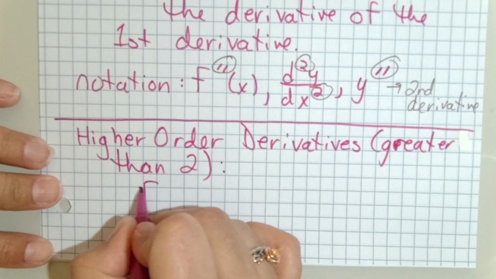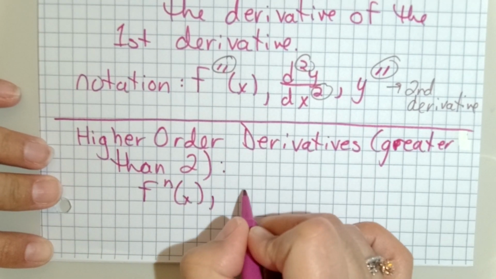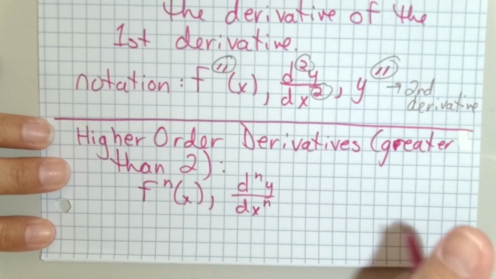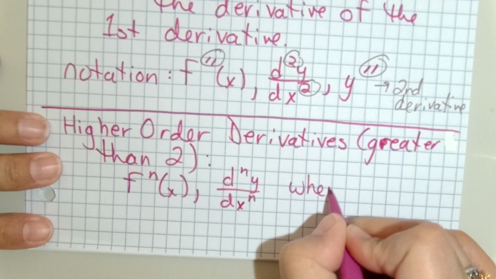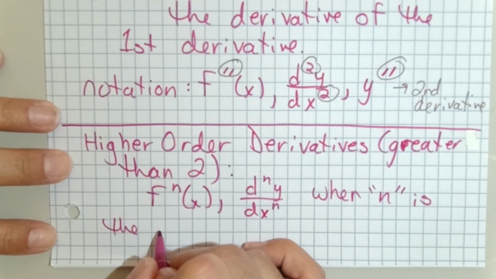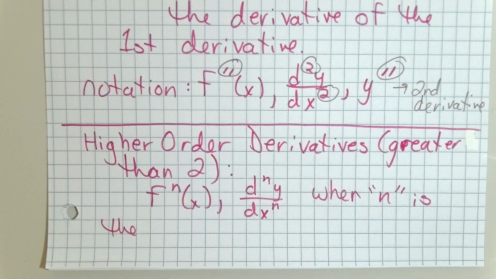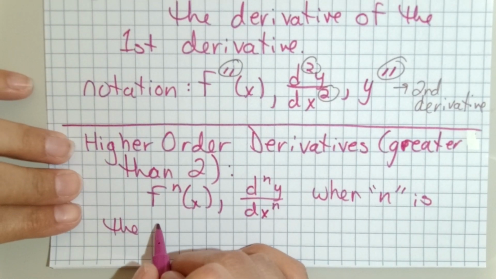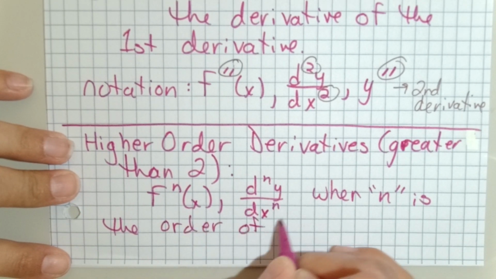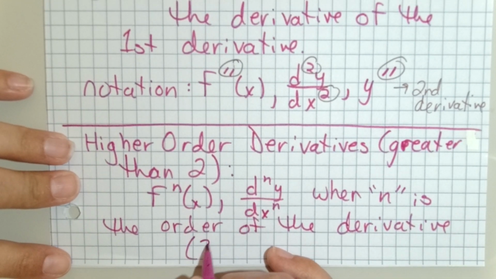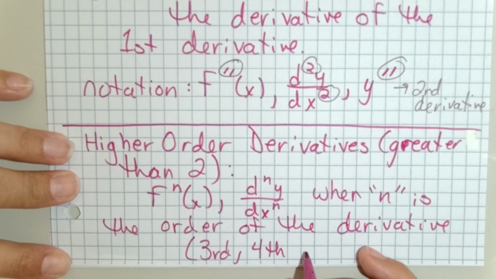We'll use f^n of x, d^n y over dx^n, where n is the order of the derivative. So third, fourth, etc.